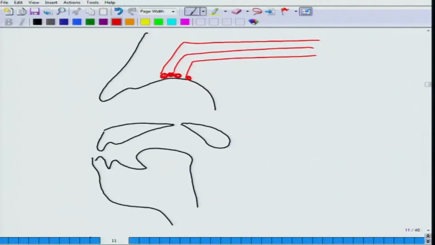Okay. So, these are the smell of a food, and this is controlled by hypothalamus. And which is further controlled by the higher centers of the brain. Higher brain centers. Okay. This is the first level.